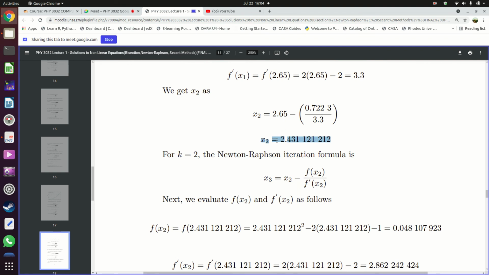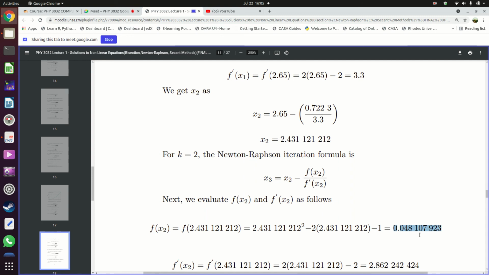And how do we know that it's acceptable? If you look here where we are evaluating f of x2, this is our x2. f of x2 is equal to f of 2.431121212, that is 2.431121212 squared minus 2 times 2.431121213 minus 1, which is equal to 0.04814793.